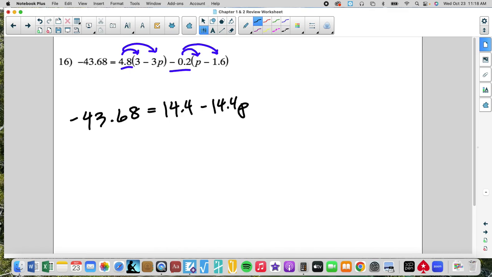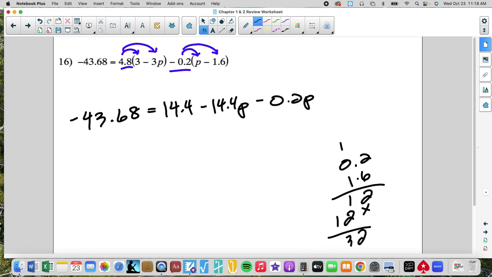We have negative 0.2 times p, which is negative 0.2p. And 0.2 times 1.6. 6 times 2 is 12. 6 times 0 is 0 plus 1. 1 times 2, 1 times 1. So we get 132. We have 2 decimal places. So we take that decimal point and move it 2 places.